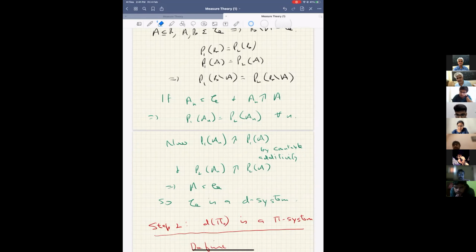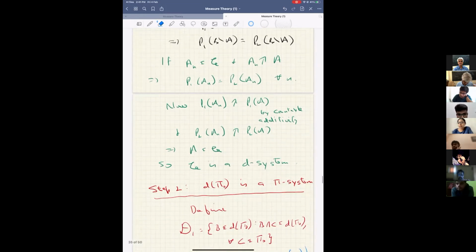So P1AN is increasing to P1 of A, P2AN is increasing to P2 of A, then P1A and P2A had better be equal, right? They can't be different, because P1AN is equal to P2AN, so the limits cannot be different, otherwise you have a contradiction. And if the limits were different, then of course you can show that there must be some n for which P1AN is not equal to P2AN.